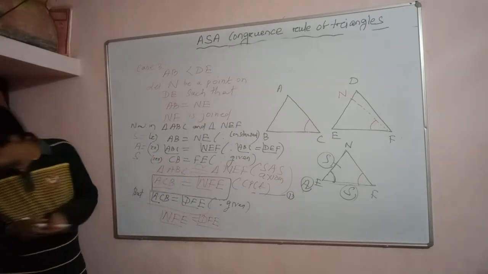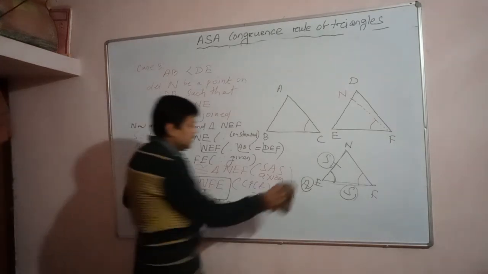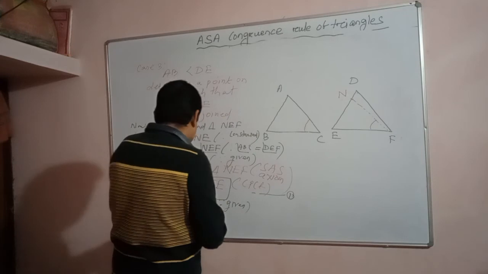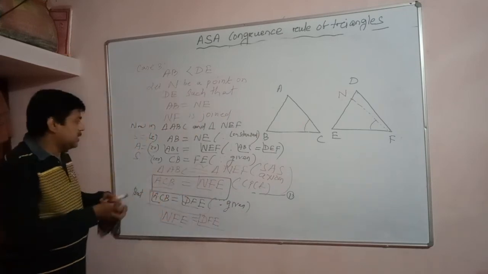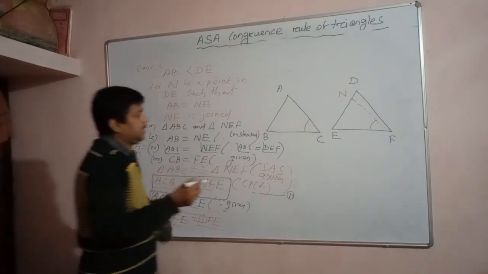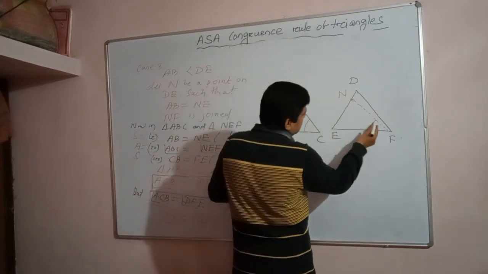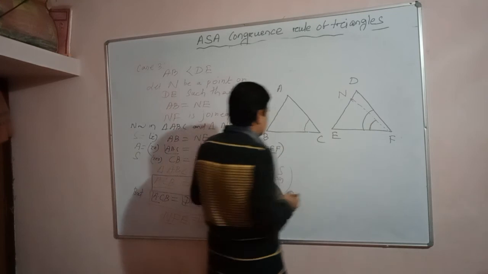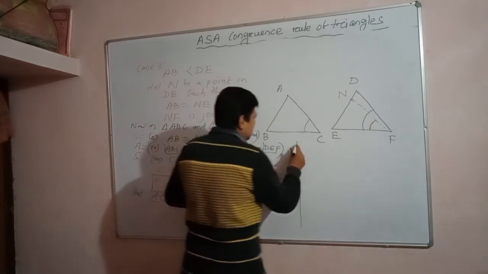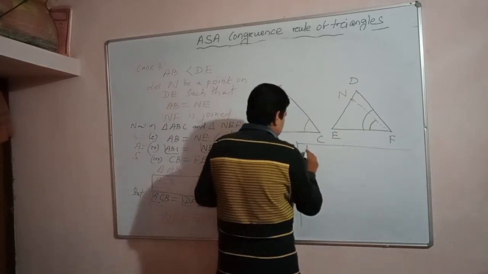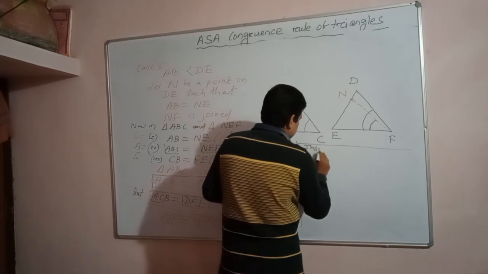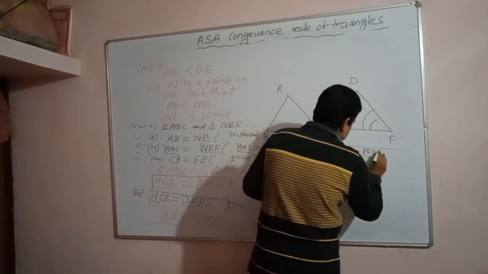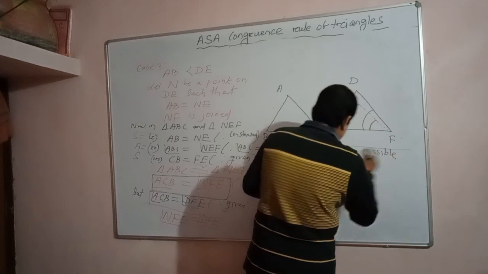Are you looking? Okay. It means it is saying that angle NFE, which angle you see? Angle NFE means this angle is equal to this angle, which is never possible. This is not possible.